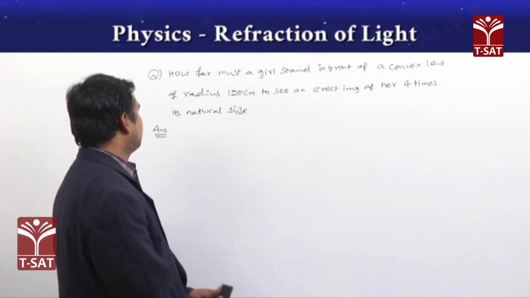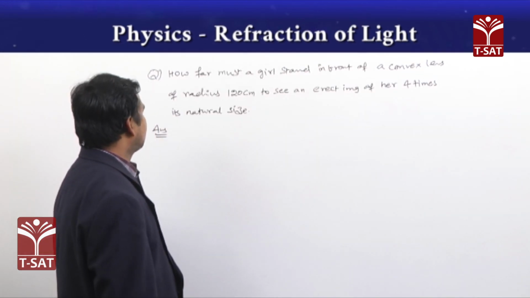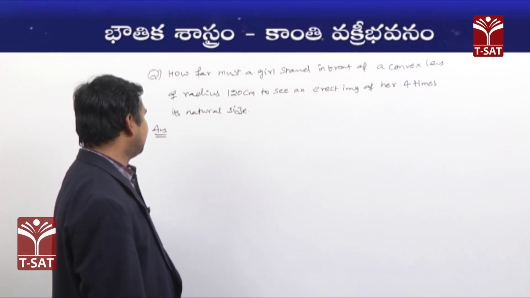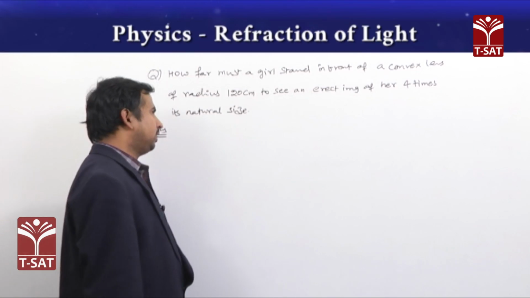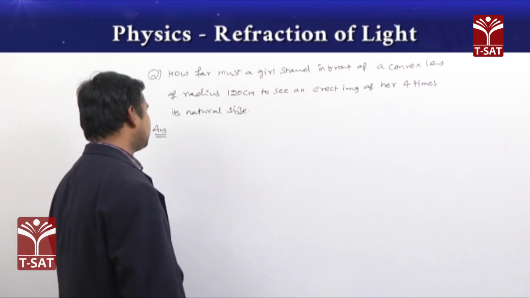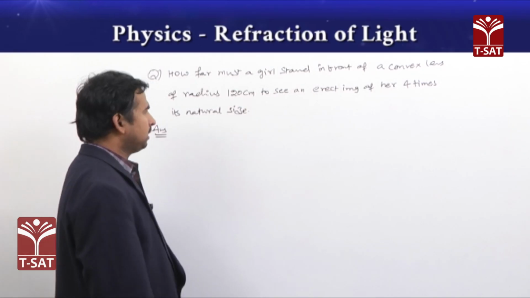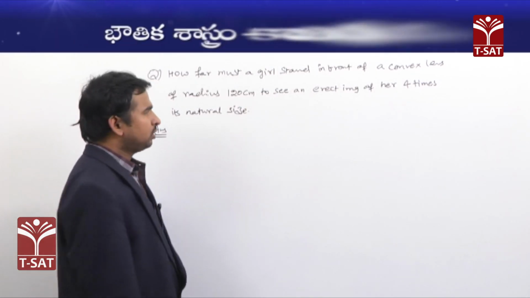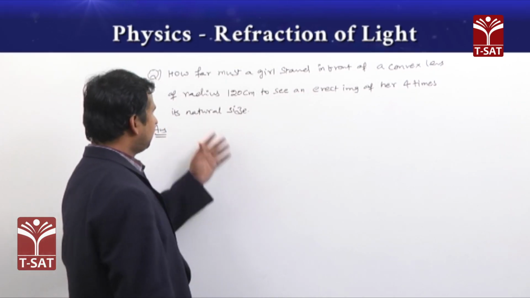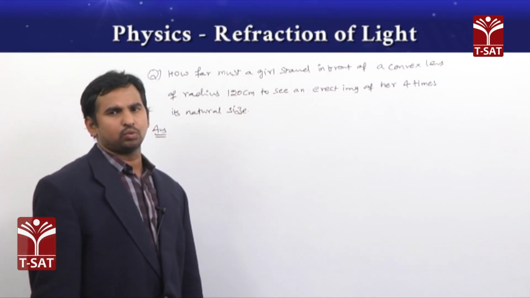Now another question is given: how far must a girl stand in front of a convex lens of radius 120 centimeters to see an erect image of herself 4 times its natural size? So she wants to see an image 4 times magnified, and the radius of curvature is given as 120 centimeters.